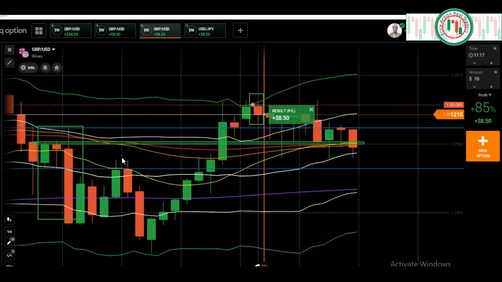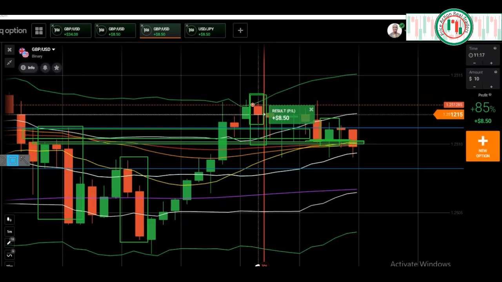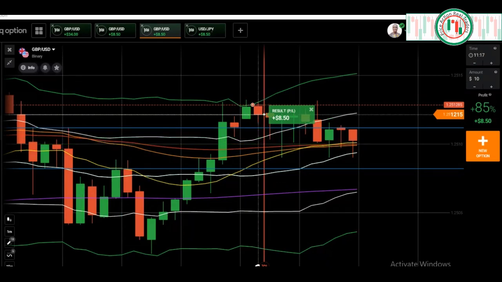Engulfing, breakout. So you should expect sellers. So you know definitely the market must reach this level. After the market reaches this level, you see it reverse. So that's why I place my trade. Put option again.